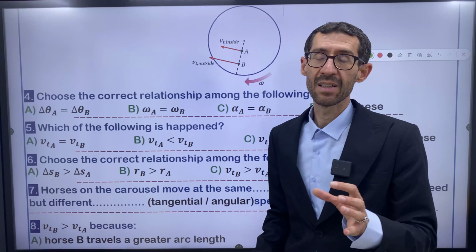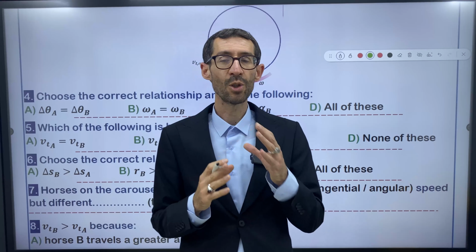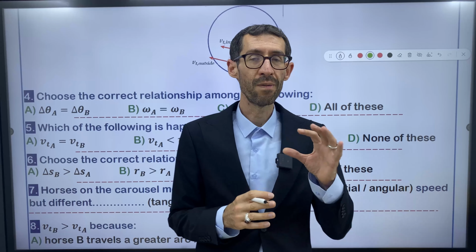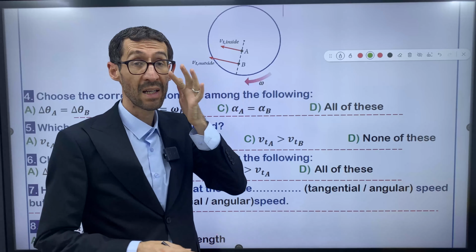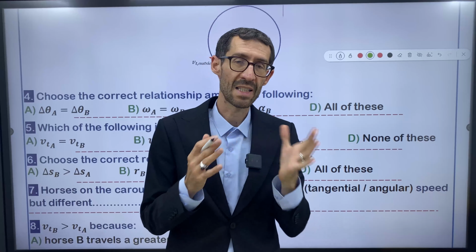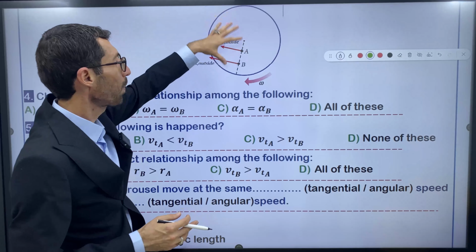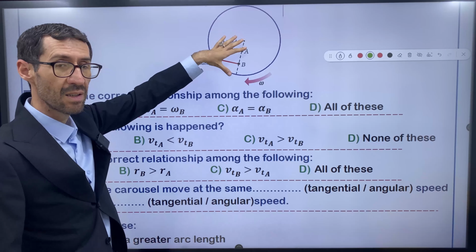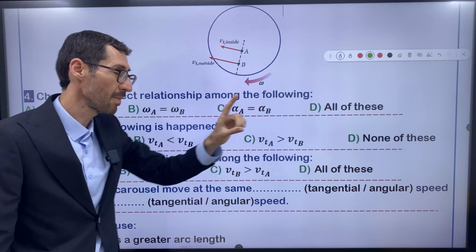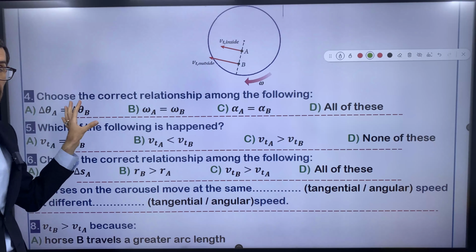Keep in mind that all of the angular information of all points on a carousel is the same, right? All points on the carousel, all horses, have the same delta theta.